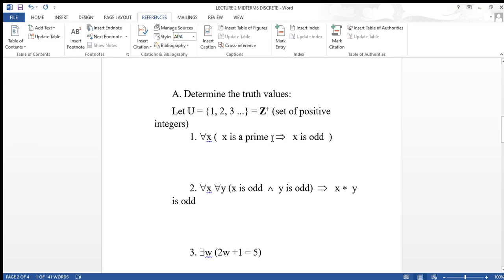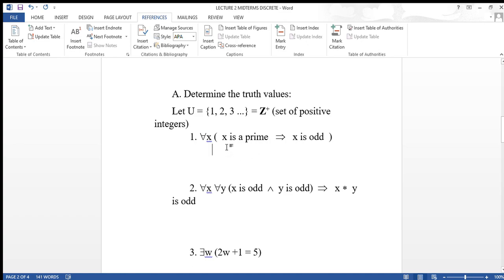So remember, this is our open proposition, and our universe of discourse is the set of positive integers. If we consider all the possible values of x, for this open proposition to be true, all the possible values of x must satisfy our condition.